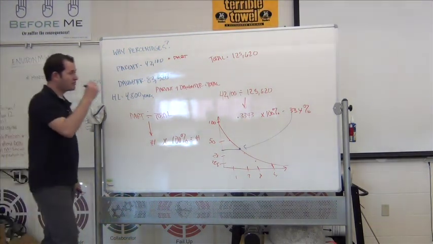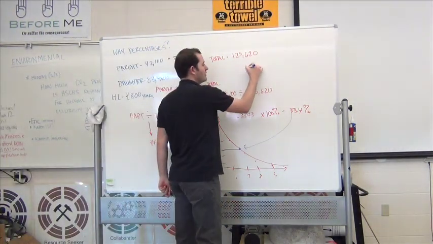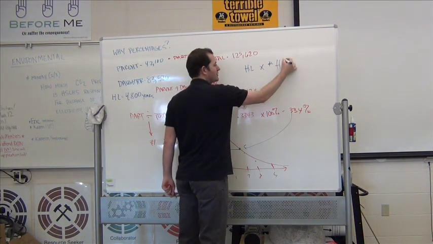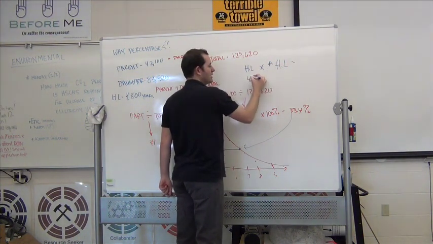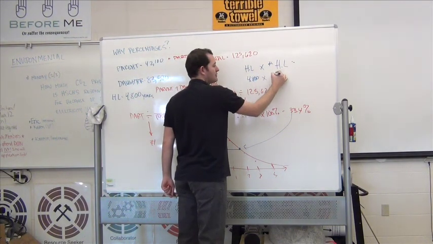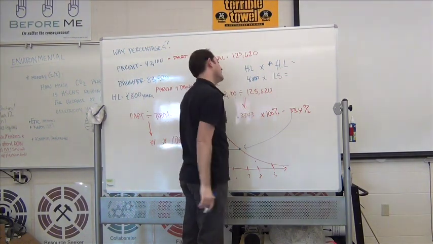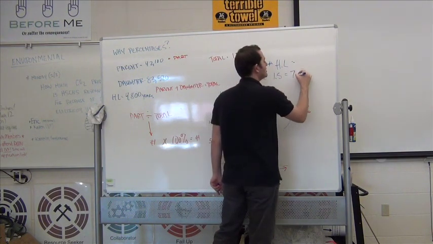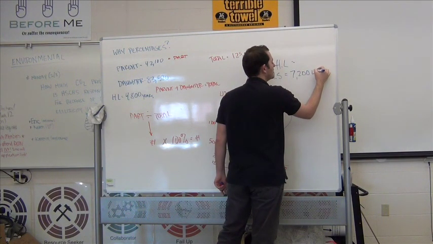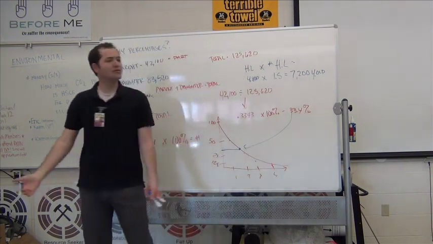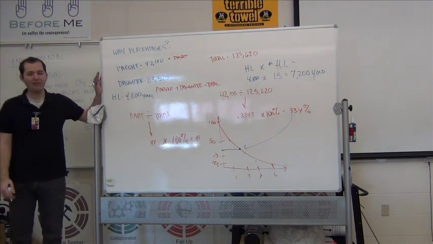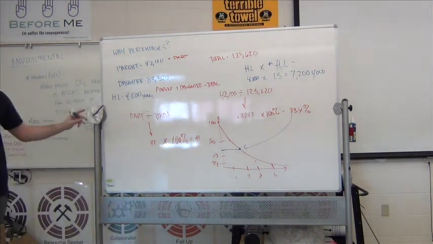Right, we're going to multiply our half-life times the number of half-lives we've gone through. So 4,800 times 1.5 half-lives is going to be 7,200 years old.